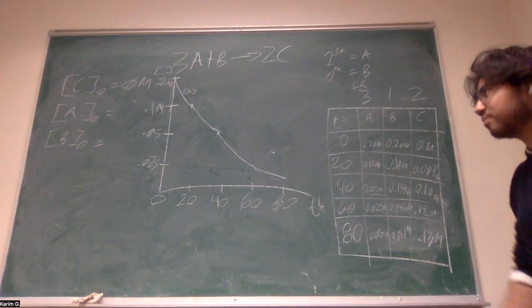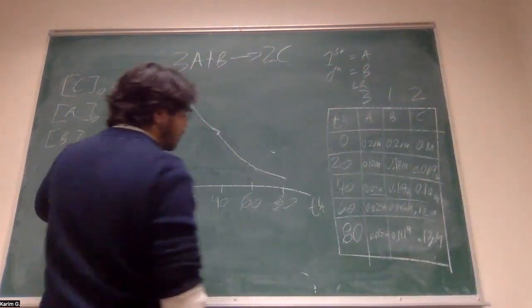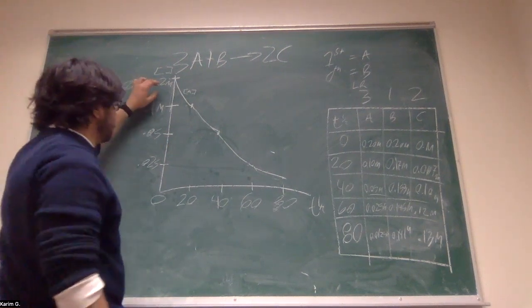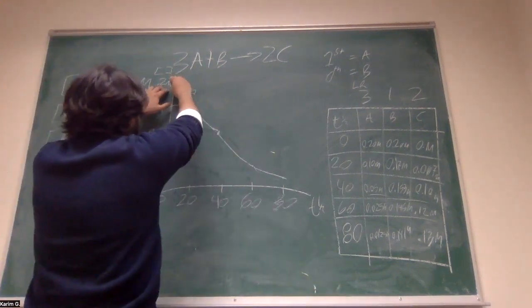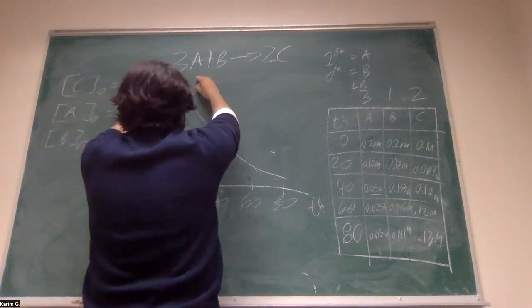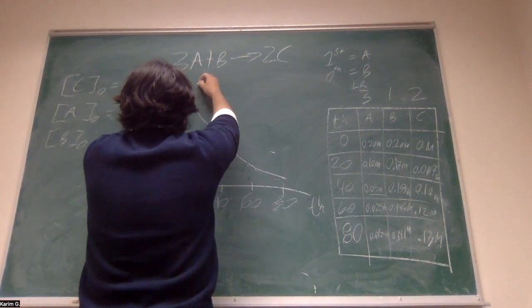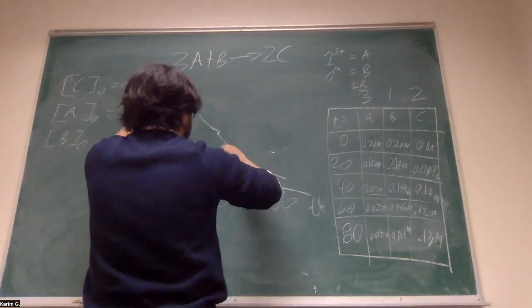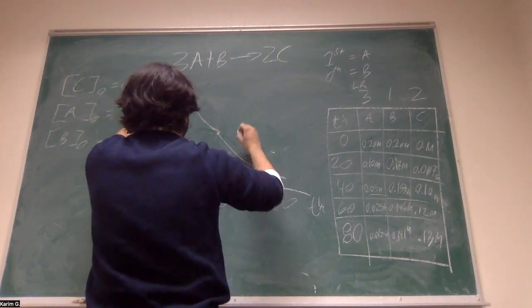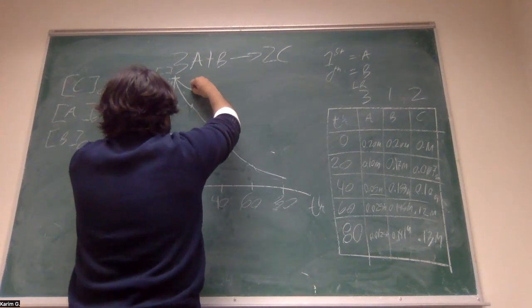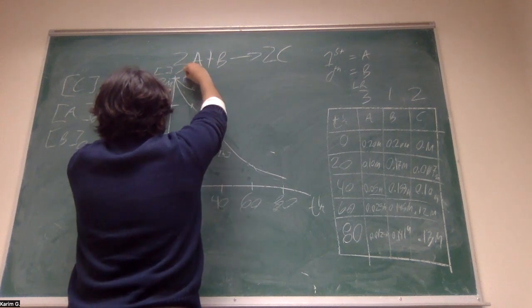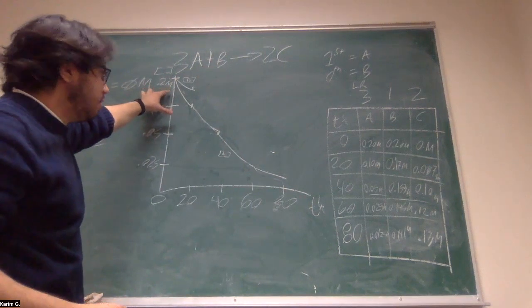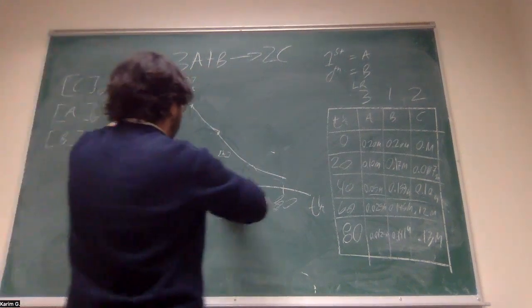Now for B, it depletes slower, right? So instead of 0.1 at 20, it's 0.17, which is close to 0.2. So I'll just do it like right here. Let's graph over. So this is gonna be B. And then it's half of this at 40.